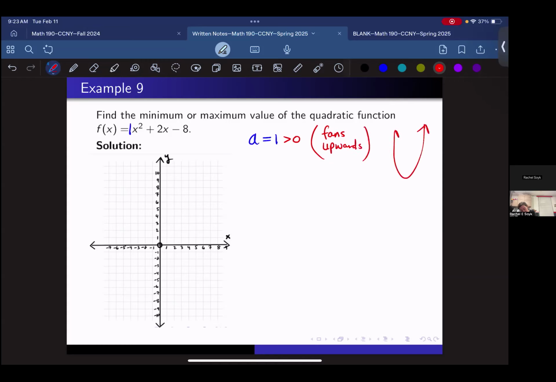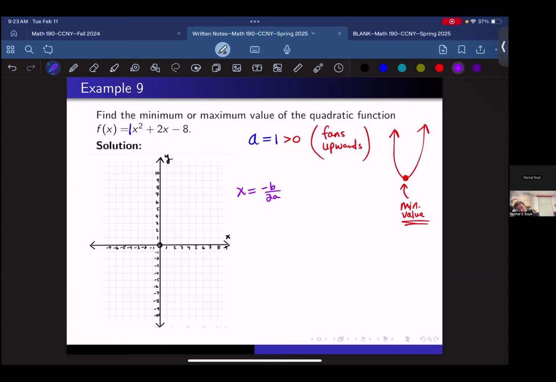If it fans upwards, what are we looking at? We're looking at a minimum value. So now let's utilize our axis of symmetry in order to identify the vertex and distinguish what that minimum value is.